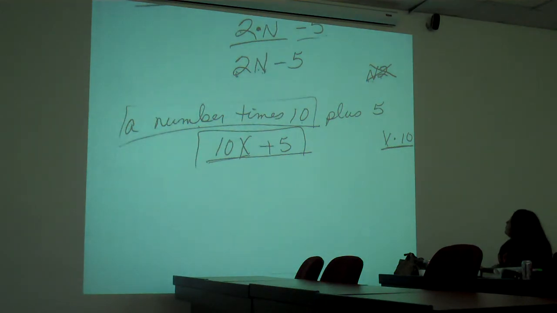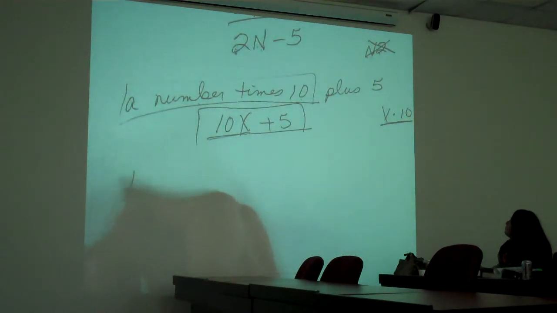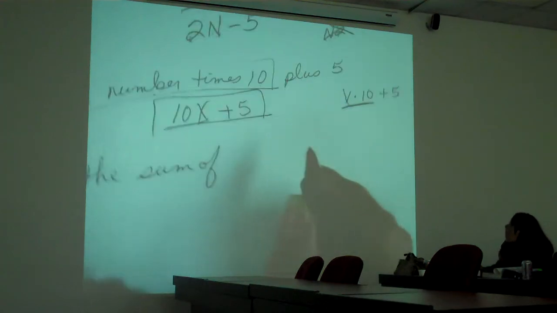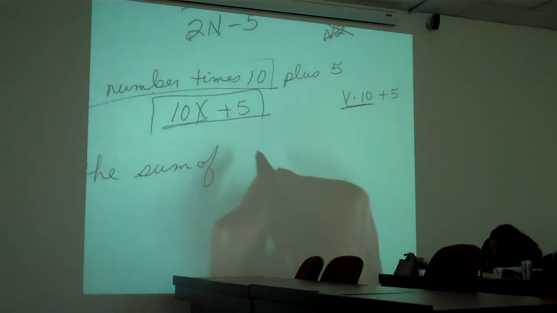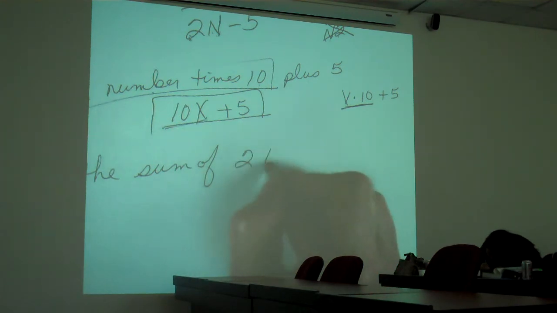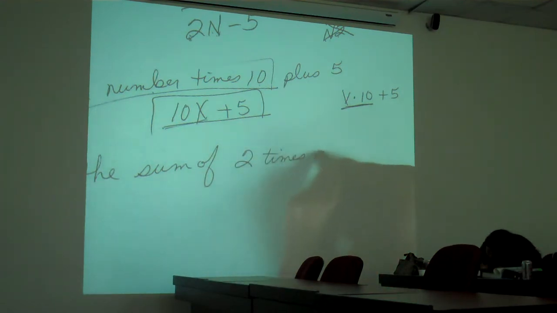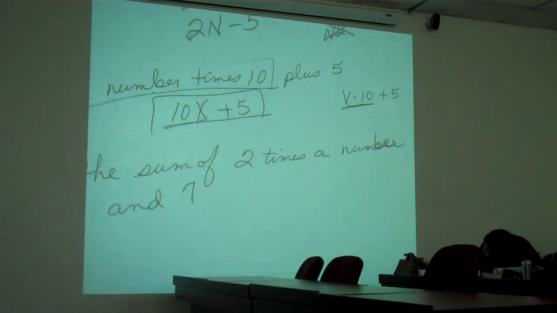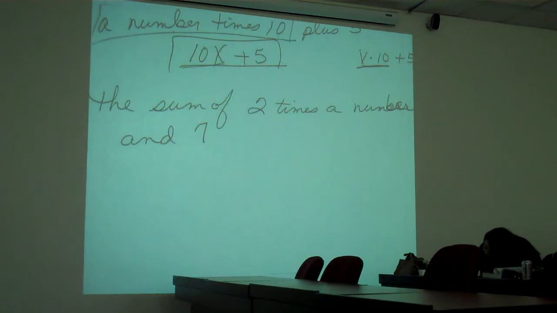How about the sum of 2 times a number, and 7. That looks a little confusing, huh?